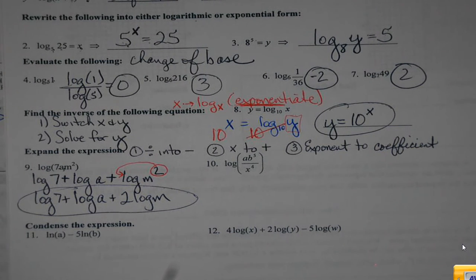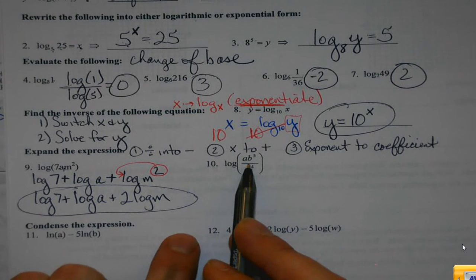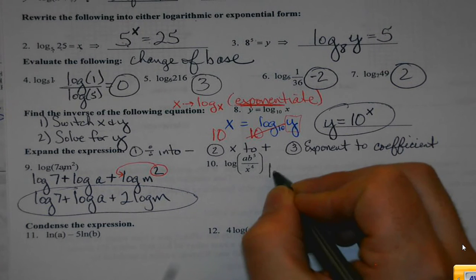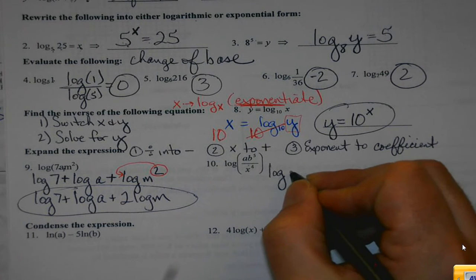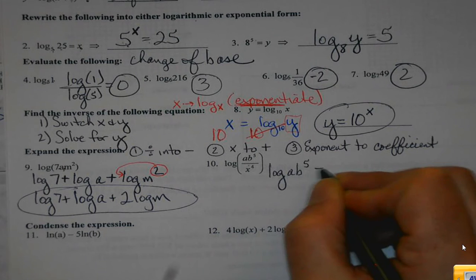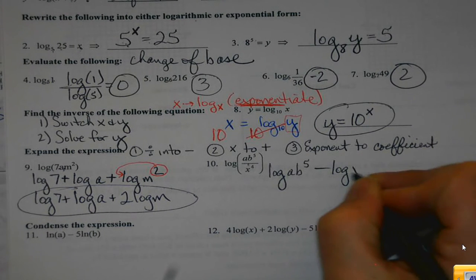Okay? Now when I get to 10, I'm going to get to do a little of everything this time, so this will be good for us. So I get to 10 and I go, okay, if there's divide, there is. That becomes subtract. So, I've got log of a b to the 5th minus, because that's where the division is, log of x to the 4th.